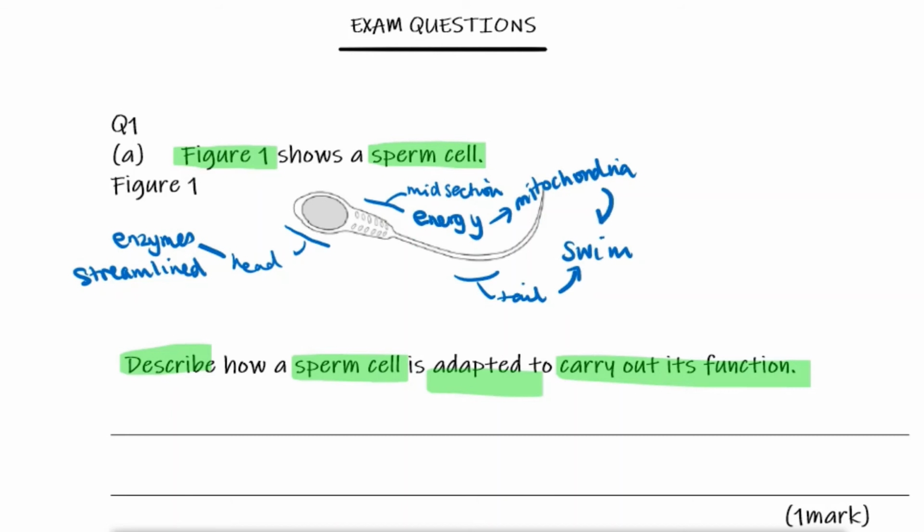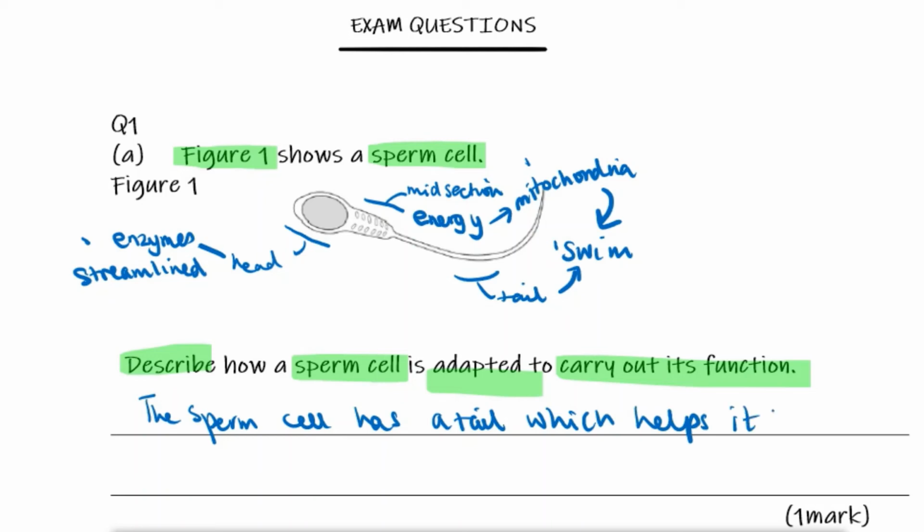And we also remember that the mitochondria provides the energy for it to swim. This question is worth 1 mark, so I can pick any one. Which helps it to swim. This is a really good one to remember and a really easy one to remember.